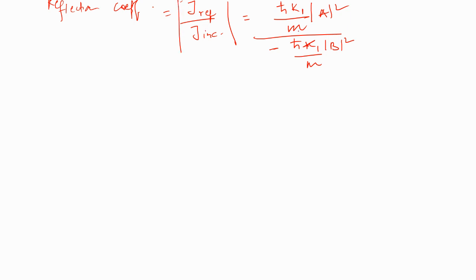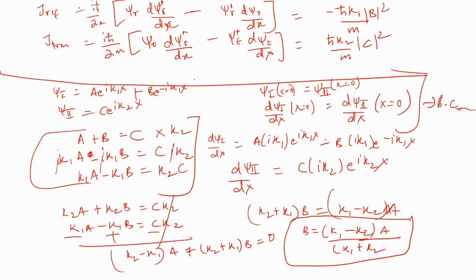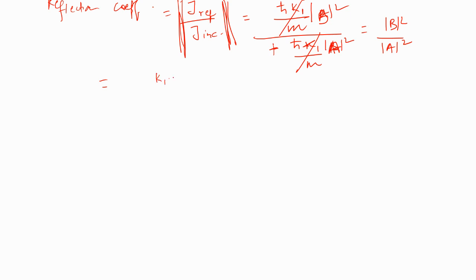You should keep in mind that it is the modulus, so this negative sign will not affect anything. This will cancel, and we have upon a square. And just now I found out b by a. What is the value of b by a? This is k1 minus k2 whole square upon k1 plus k2 whole square, right?